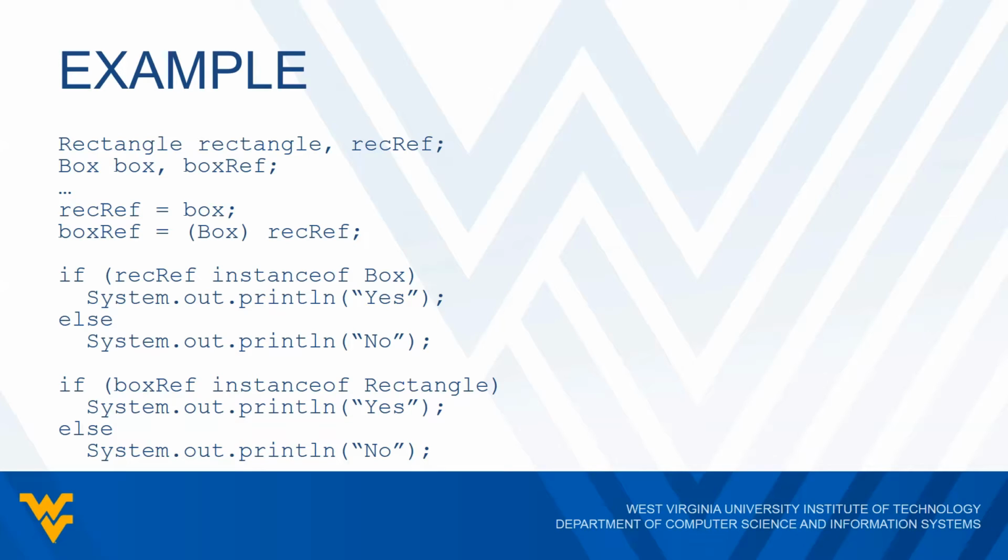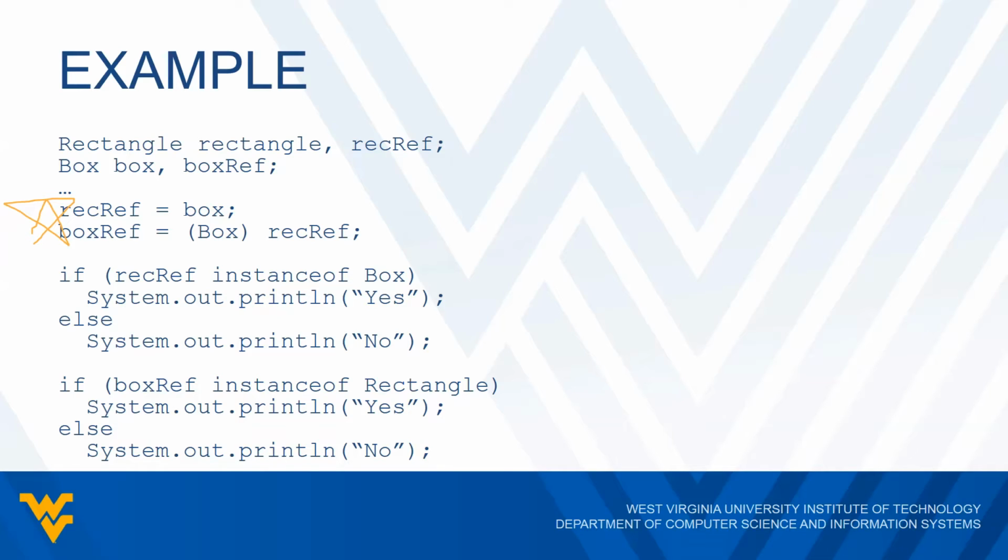Now, notice the lines here. We have recRef pointing to box, so this is going to point to an object of type Box. And then we have boxRef, which is pointing to the recRef reference. Since recRef is of type Rectangle, we have to typecast it to the Box class.